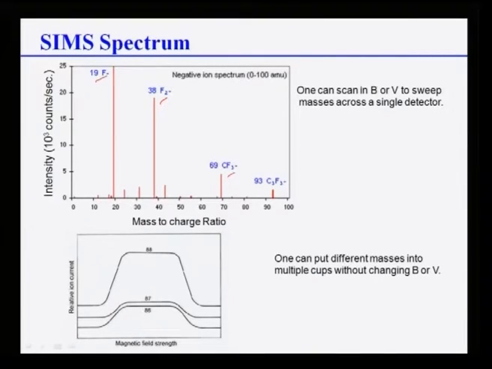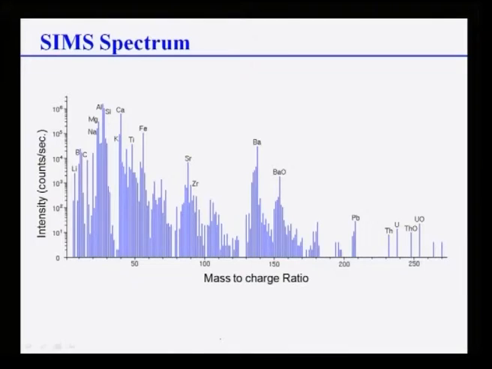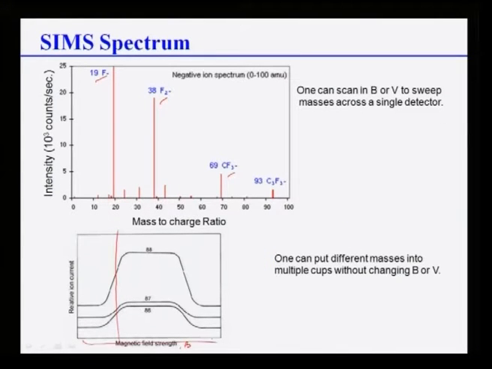This is relative ion current versus magnetic field strength, that is B. As you see here, at any constant B value you have different relative ions for the 88, 87, 86 atomic species. So you get a cup-like picture whenever you plot over a large range of magnetic fields, and these cups give you the different charged species.